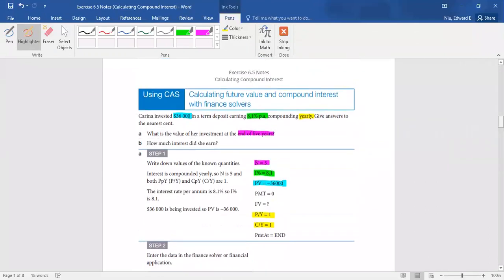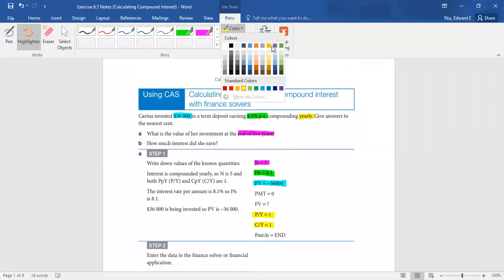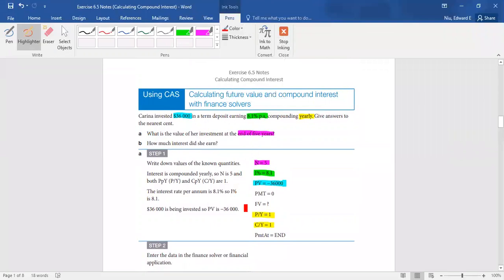So future value, I'm running out of colors. Let's see what other colors we got. What's the color that stands out? Let's go with red. So red, future value. That's what we're figuring out. All right, let's scroll back up.